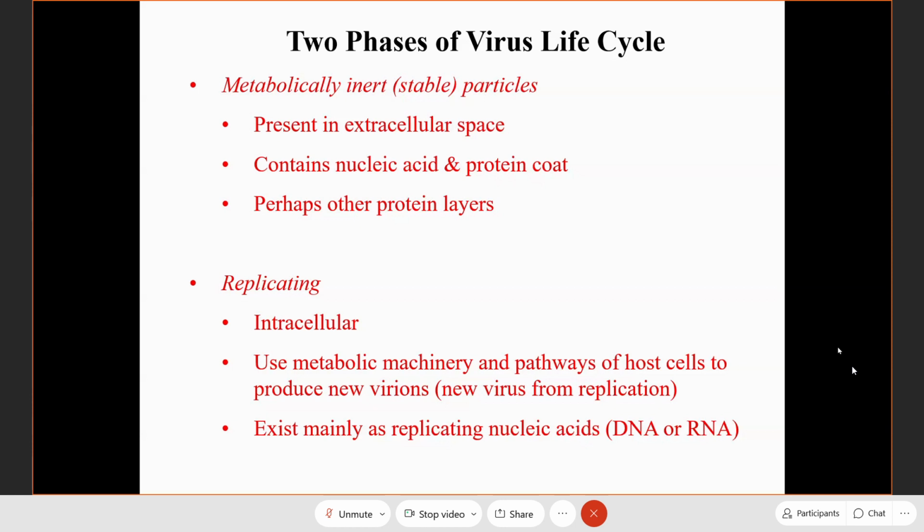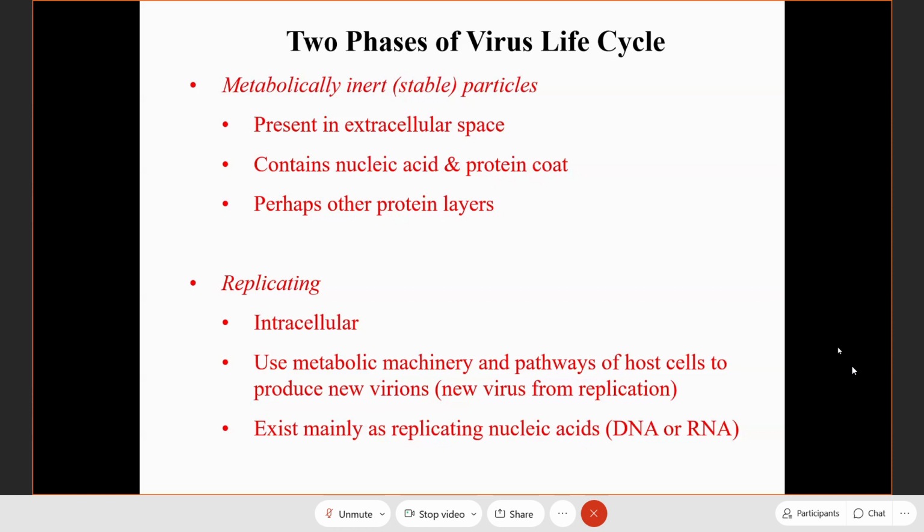Once they are inside the cytoplasm of the infected cell, what happens? Once they're inside the cytoplasm, they are no more in the form of virus particle. They are already in the form of nucleic acid, DNA or RNA.